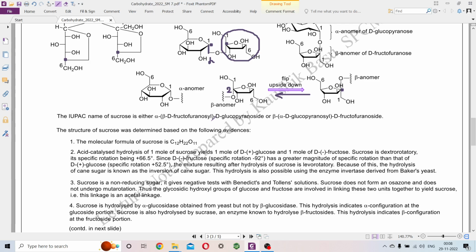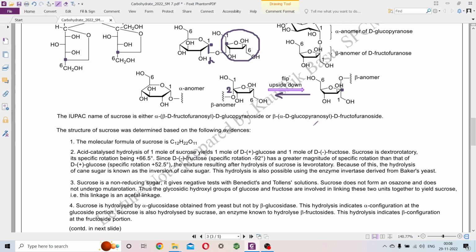Or you can use the enzyme invertase, which is produced by baker's yeast. If you do that, then the dextrorotatory sucrose will be converted into a levorotatory equimolar mixture of fructose and glucose. But do not confuse this with mutarotation.